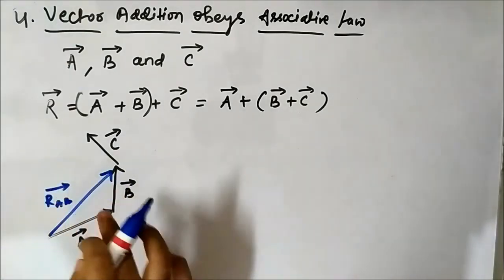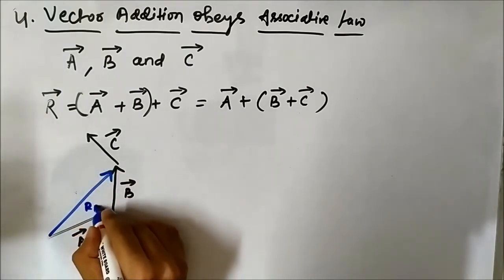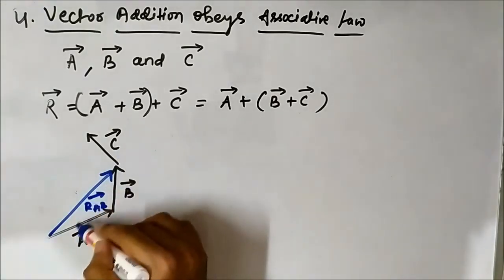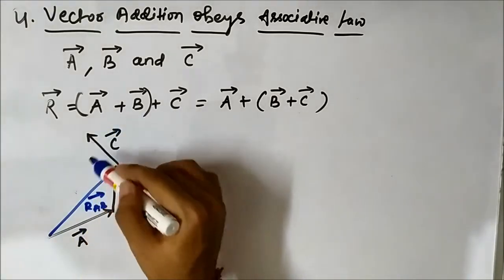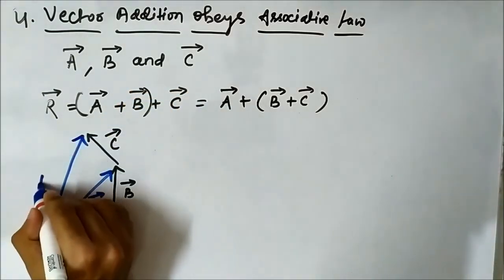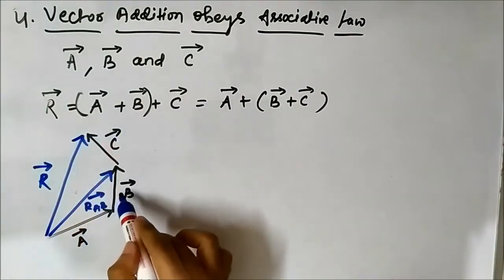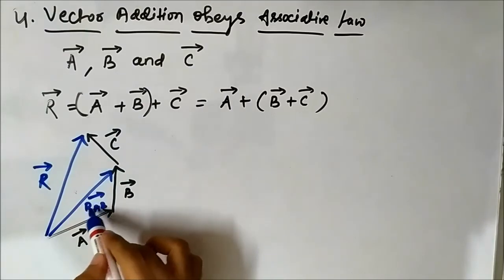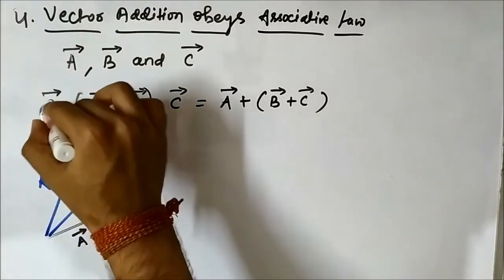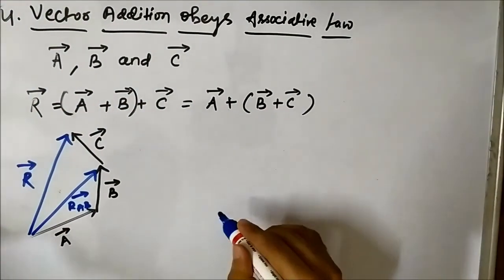Let us write it here, r, a, b, the resultant of a and b. And with the resultant of a and b we'll add c vector. So this will be the net resultant r vector, which is this. So first we added a and b. With the resultant of a and b, r a b, we added c to get this total resultant r.